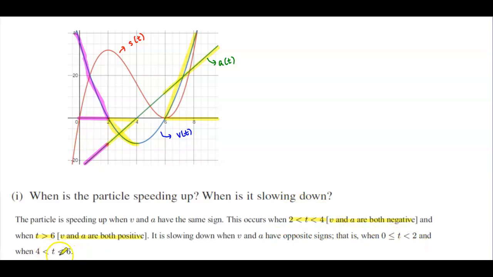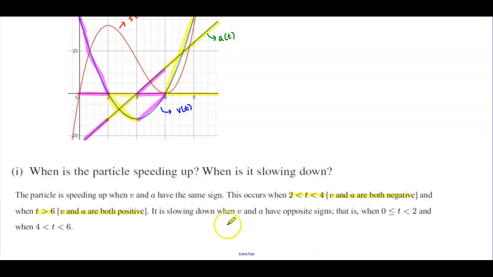And then also between 4 and 6, we can see that the acceleration is positive, but the velocity function is negative, which is below the x-axis. And therefore, again, it's slowing down when they have opposite signs. So we can see that in between 0 and 2 and 4 and 6.